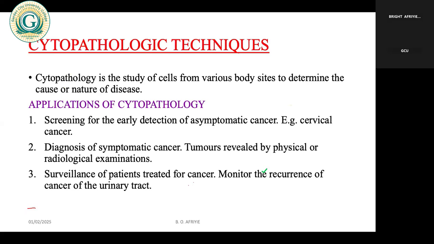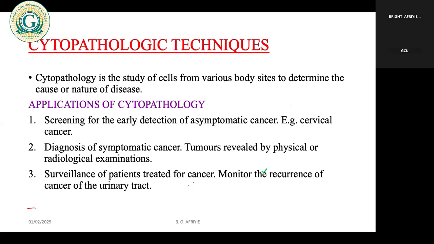That's how come early detection of cancer is very difficult. People die a lot. Imagine even the symptomatic ones tend to elude us in terms of early detection. How much more the asymptomatic ones, the ones that don't give any sign or symptom.